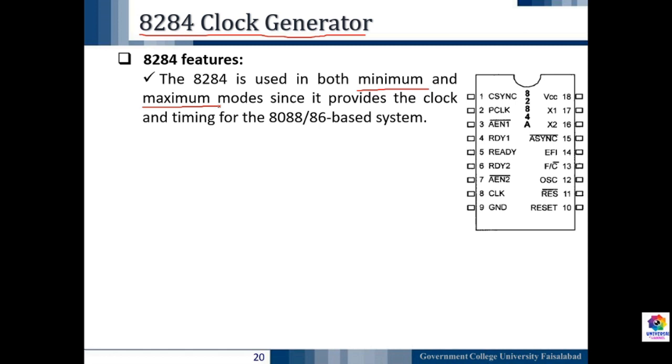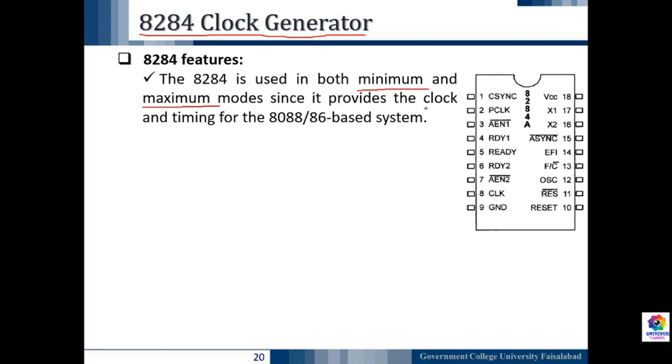The first one is the minimum mode, in which the microprocessor works individually, while in the maximum mode the microprocessor combines with the extra math coprocessor in case of complex mathematical operations involved in the programming. So 8284 works with both the modes of the microprocessor. Either it can work in the minimum mode or in the maximum mode.